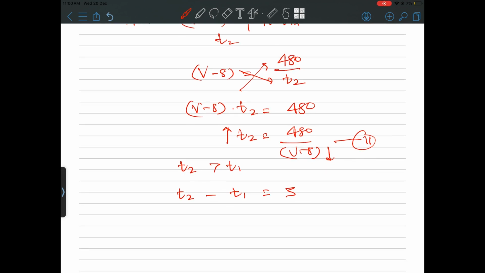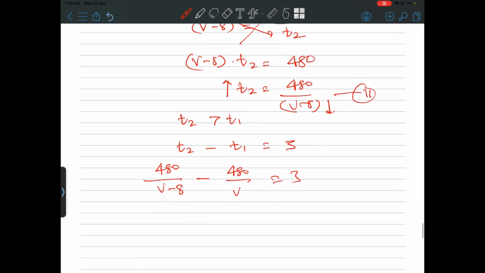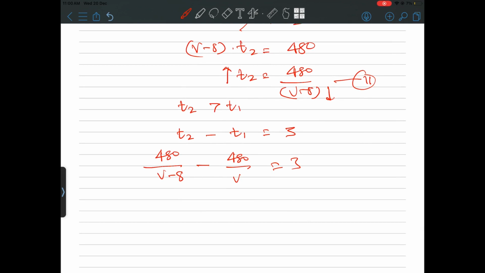Now put these values here. So 480 upon v minus 8 minus t1, which is 480 upon v, is equal to 3. Okay, I have taken v. So don't think all quadratic equations are with x. It is a variable.